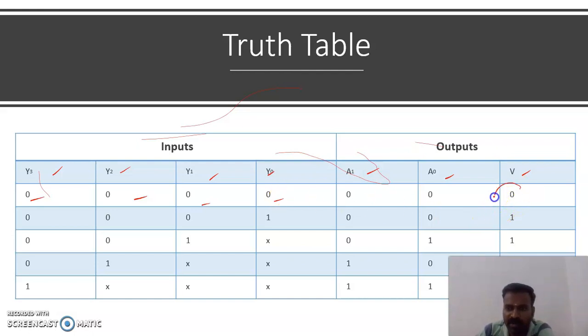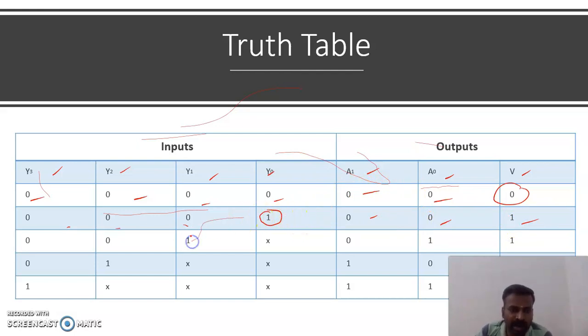So here V is equal to 0, and the outputs are 0 0. Next, the first priority goes to the lowest input, y0 equal to 1, with all the remaining equal to 0. For this condition the output is 0 0 and V is 1, because one of the inputs is 1, so V should be 1.